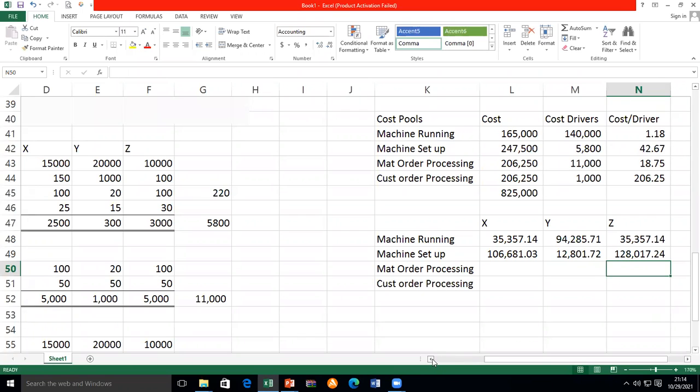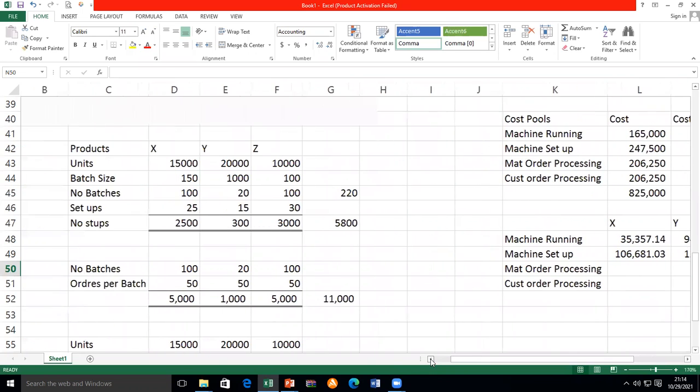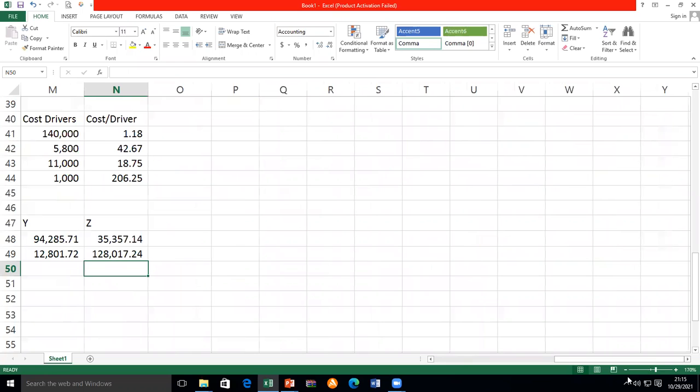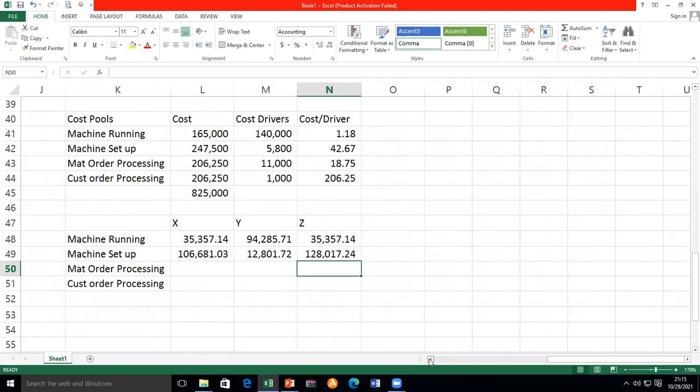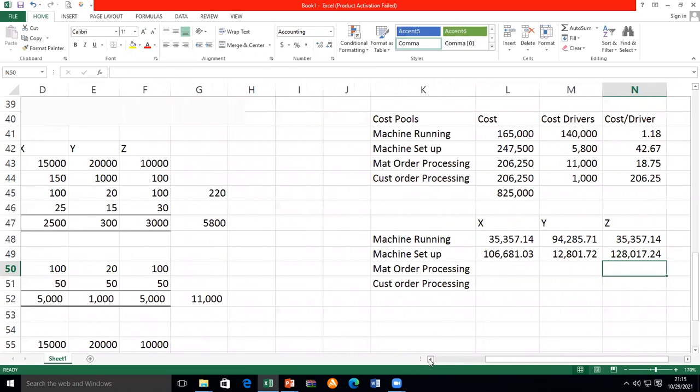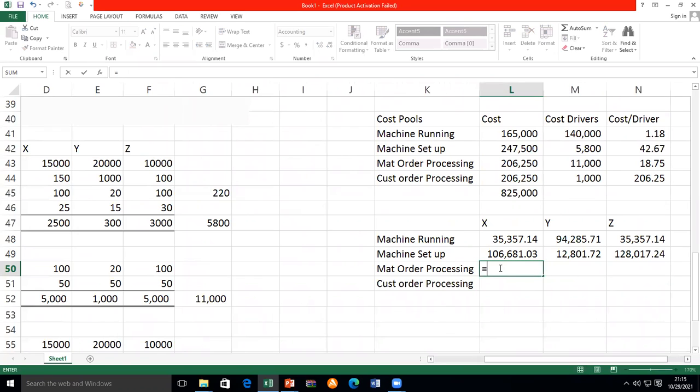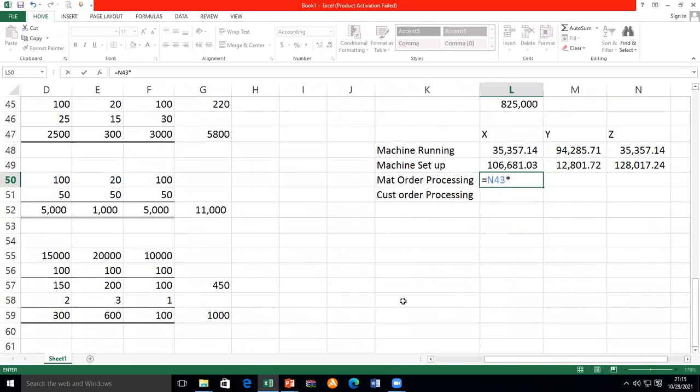Material order processing. How many orders? The orders are here. So again, you start your process. You pick that. Then you multiply by that.